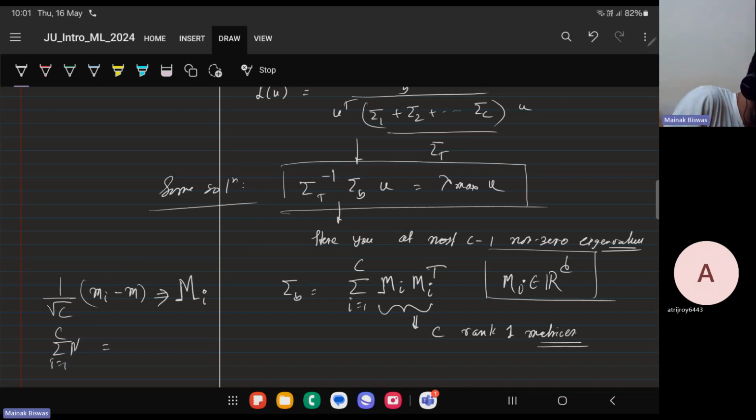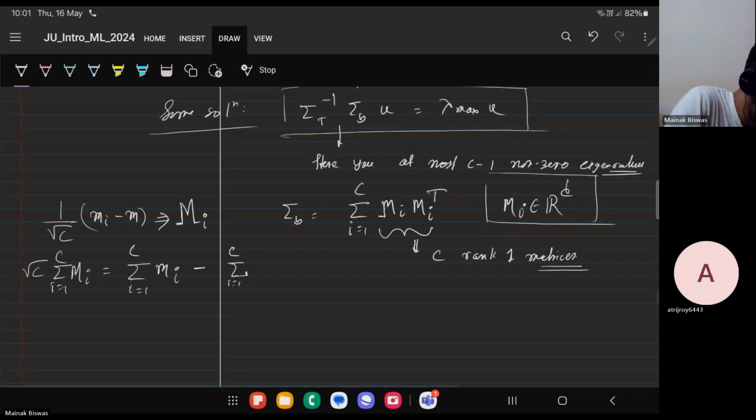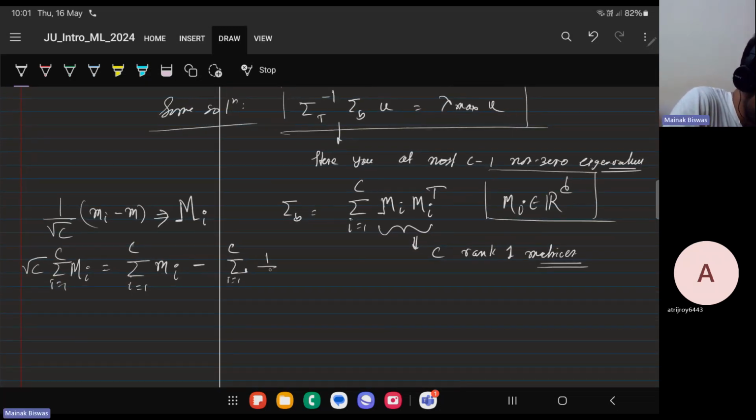Capital Mi summed gives the sum of Mi minus the mean, 1 by C summation of j equal to 1 to C of Mj. Yes or no?